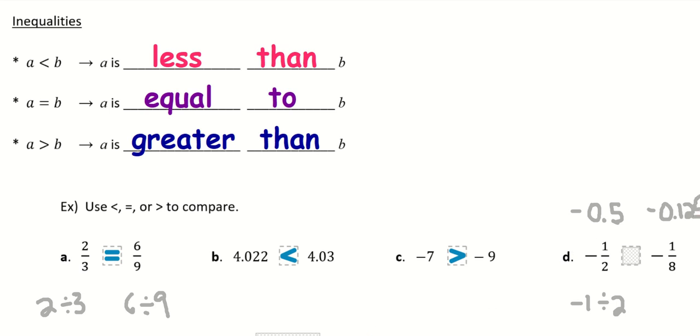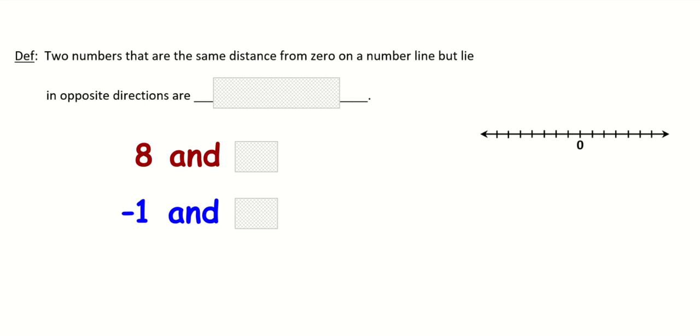So which one is larger? Well, this is deeper into negative territory, so this one is smaller. So this is the bigger one. So we put a less than there, okay? There we go.